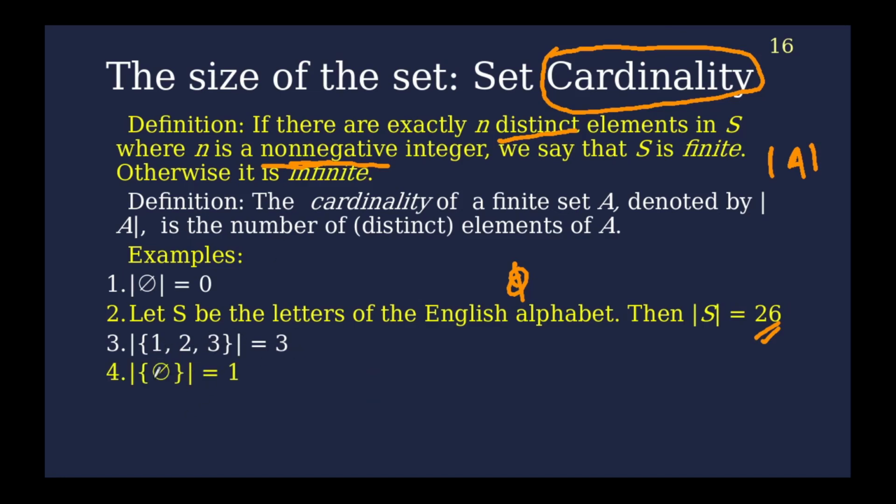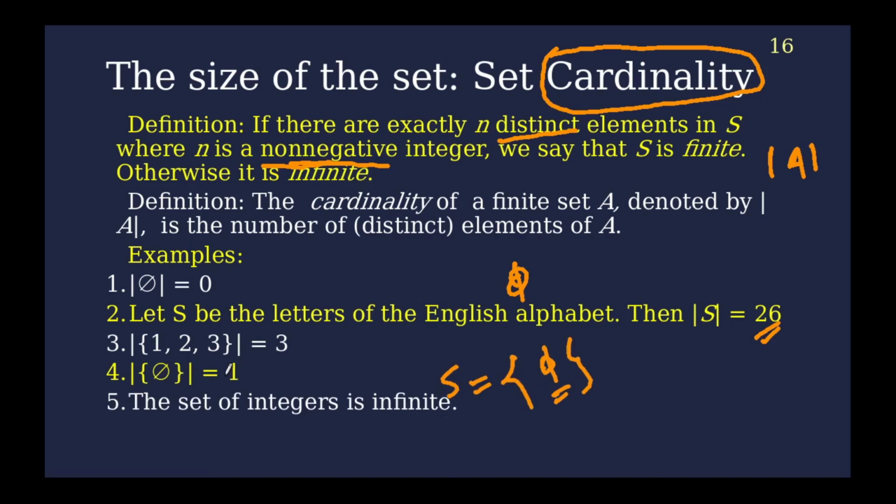Cardinality of this set, now again you will have some confusion. S is equal to the set containing the empty set. This is not an empty set, it contains one element which is an empty set. So that's why this cardinality is equal to 1. And the set of integers is infinite. We can't count that, so that's why it is infinite.